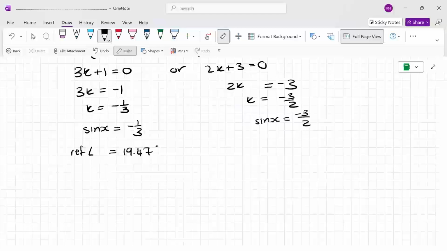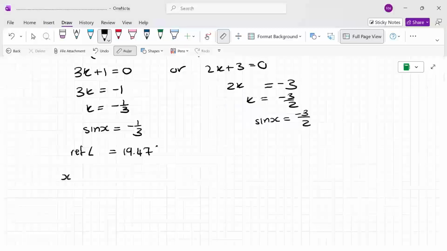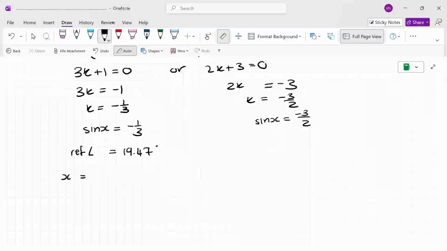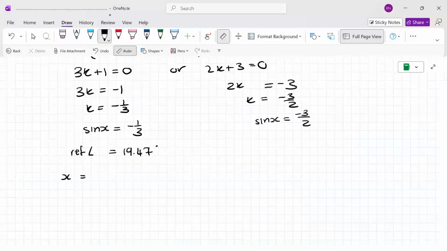And so my x is equal to, this is where we're looking for quadrants where sine is negative, and that's in this one and this one. So the third quadrant and the fourth quadrant. Okay, I don't know which direction. Right.